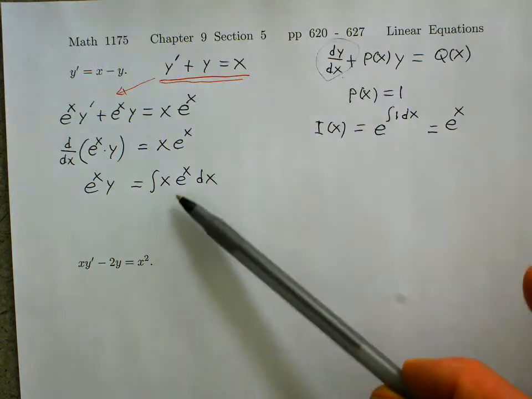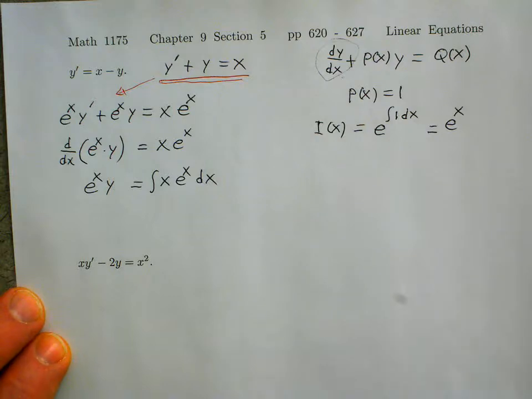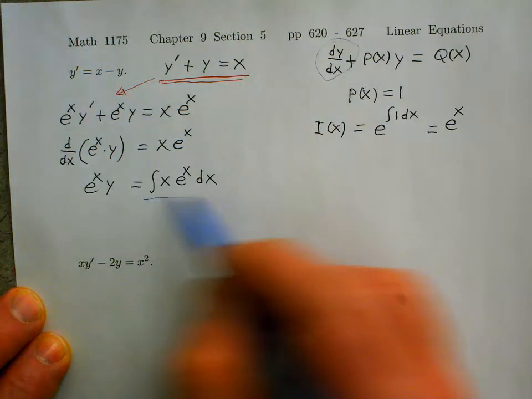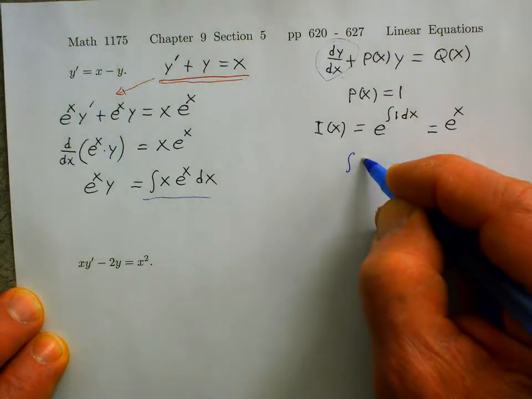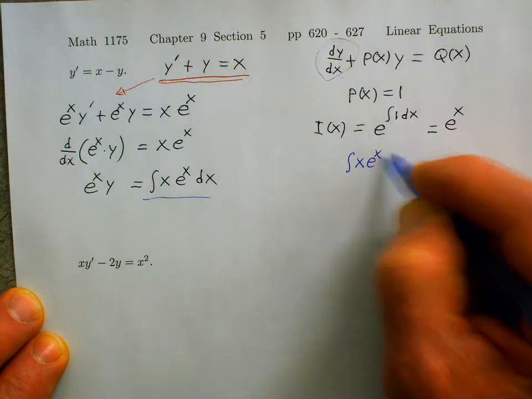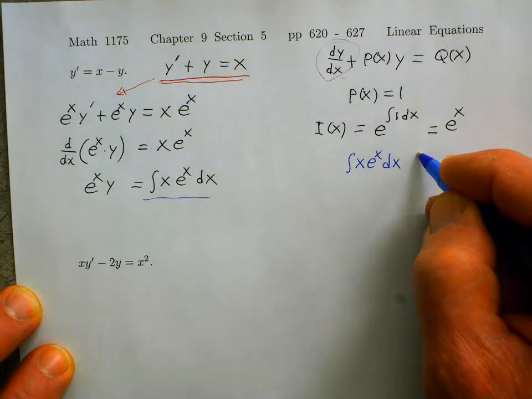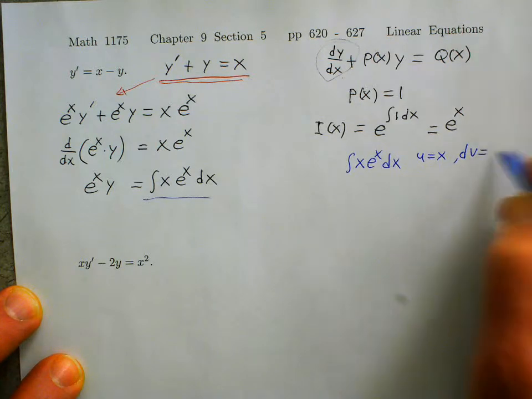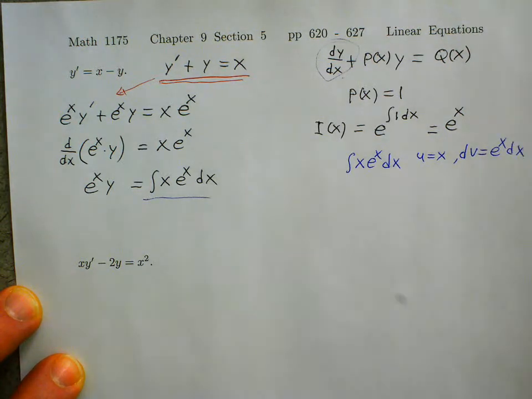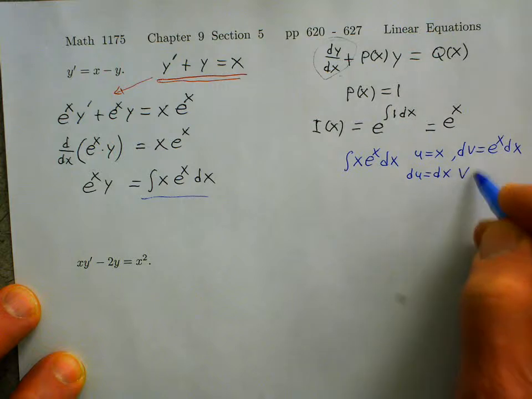I guess we get to review integration by parts. So let's integrate this over here. The indefinite integral of x, e to the x dx. If we use integration by parts and assign u to be x and dv to be e to the x dx, du is dx, and v is e to the x.